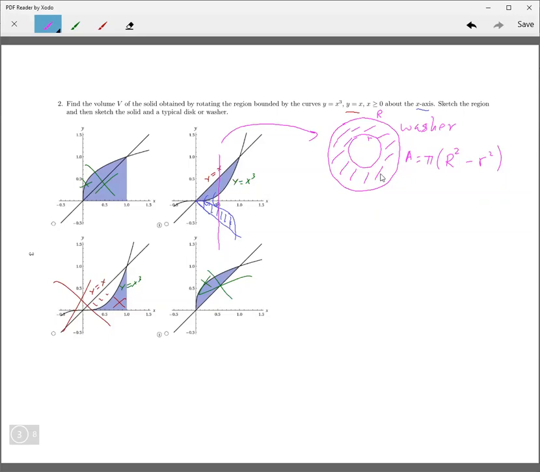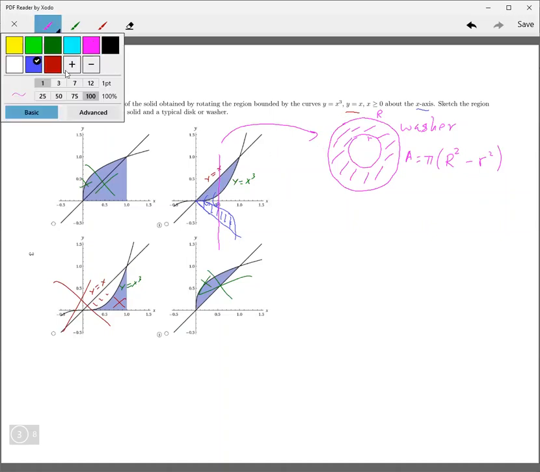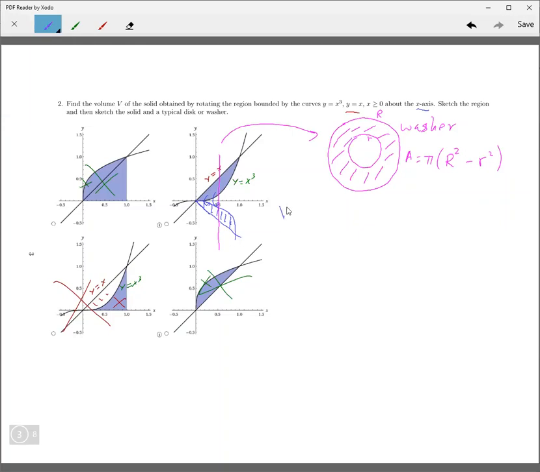Okay, and that gives you the area of the washer. Okay, so let's go ahead and set up our integral for the volume. Now you're going from 0 up to 1. These intersect at 1, and you can tell that by setting these equal to each other.